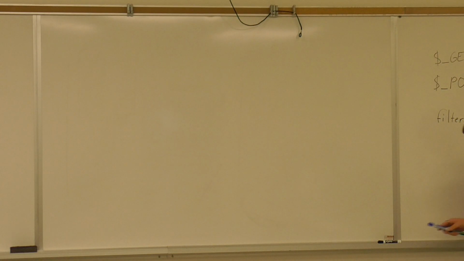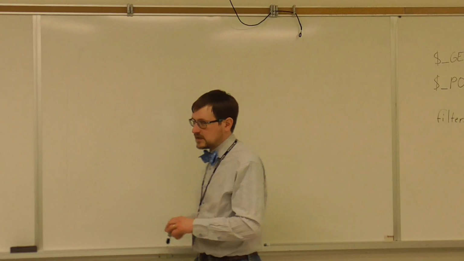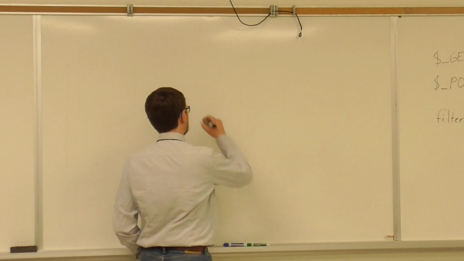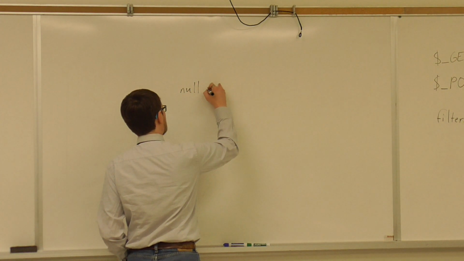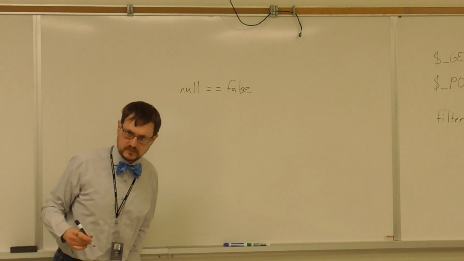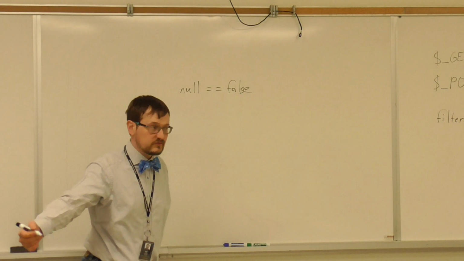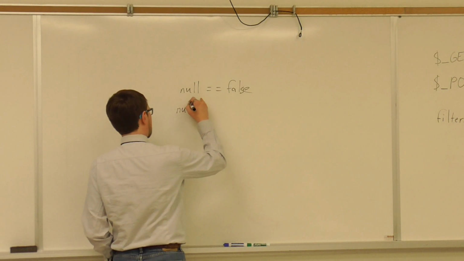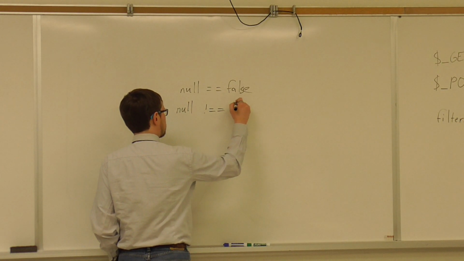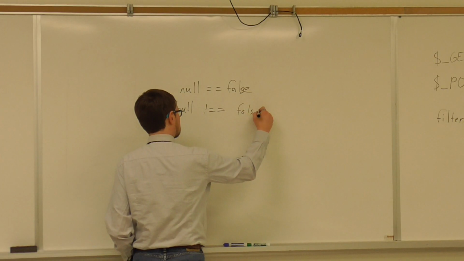Now the difficulty is, in PHP, null and false equate to each other under weak equality. Null is double equals to false. However, that's why we've been provided the strong equality operator. Null does not triple equals false.